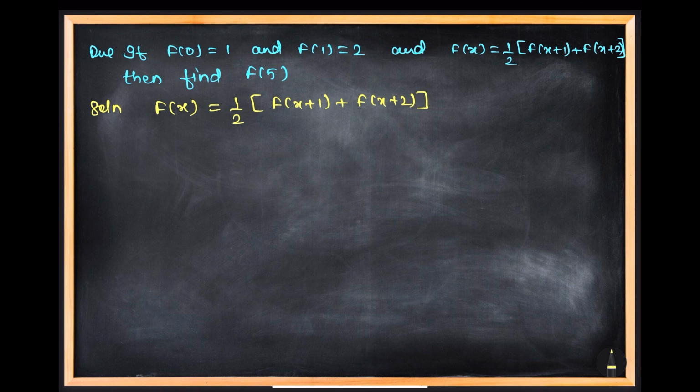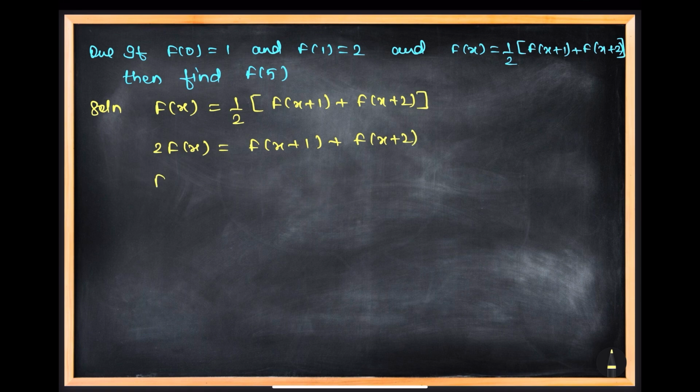So what I'm suggesting you guys, just write the bigger thing on one side and the smaller things on the other side, so that your function can look like a decreasing function. Okay, so suppose that it is 2 times f of x equals f of x plus 1 plus f of x plus 2.